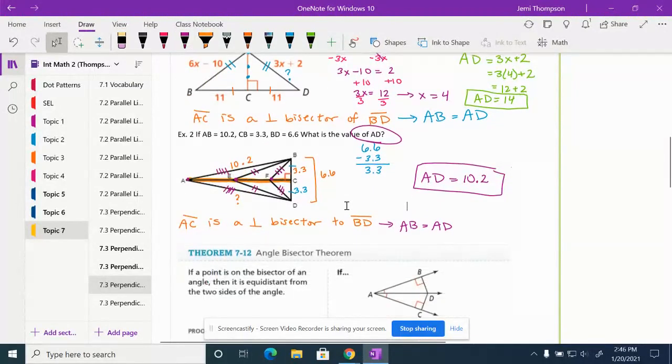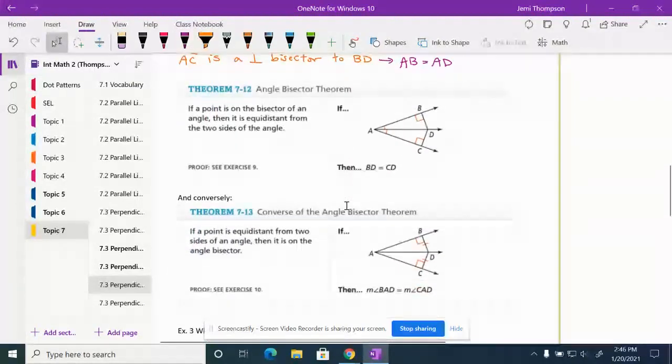Then we're going to move into angle bisector, what that is and what that looks like. So an angle bisector is a ray that divides an angle into two equal degree measurements.